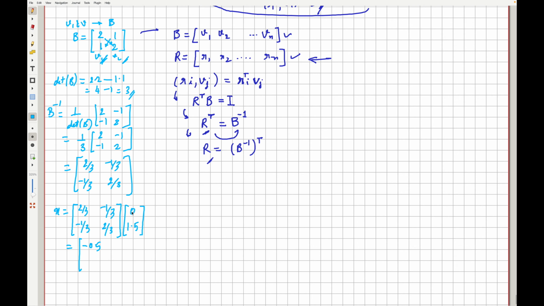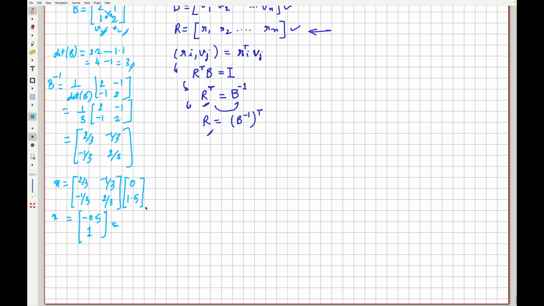Minus 1 by 3 times 0 is 0, and 2 by 3 times 1.5 is 2 times 0.5, that is just 1. And so the value we get for this x is 1. So these are the coefficients.